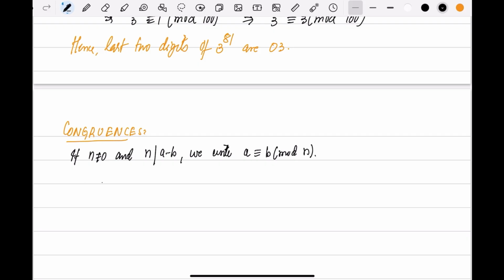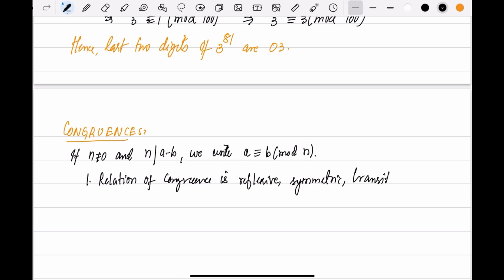Now it has the properties. The first one is that the relation of congruence is reflexive, symmetric, and also transitive. By reflexive we mean a is congruent to a modulo n always.